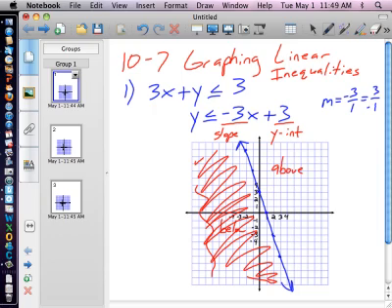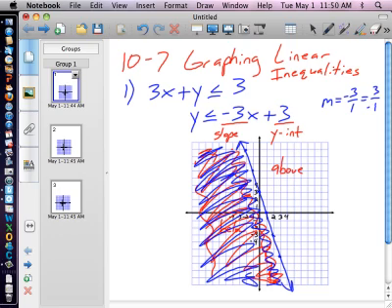So everything is shaded. That means any coordinate in the shaded region will be an answer. I should have shaded that in blue, by the way, because the line is blue. And the line, in this case, is included in the shaded region because it can be less than or equal to. Okay, and we can prove that by picking any point on the line, for instance.